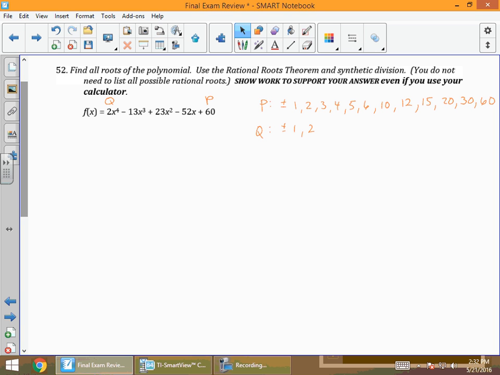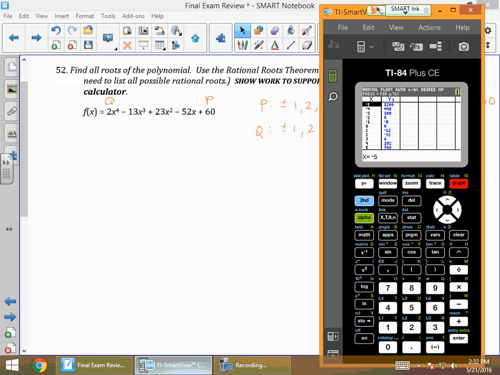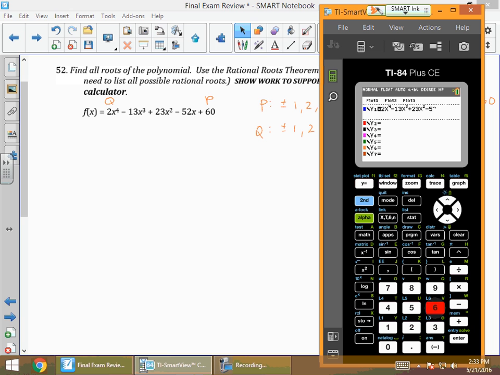But instead of just checking all of these, I'm going to use the calculator to my advantage. So y equals 2x to the 4th minus 13x to the 3rd plus 23x squared minus 52x plus 60.